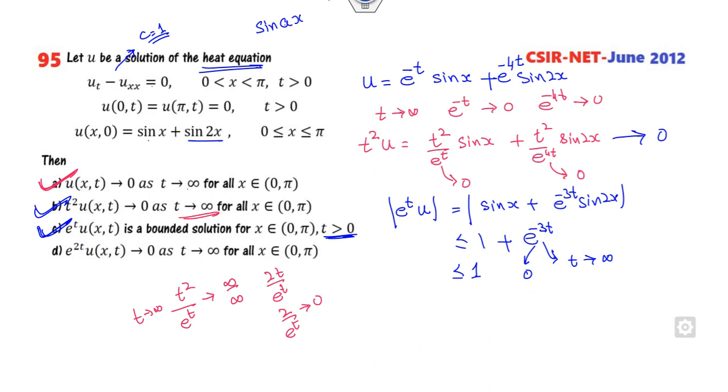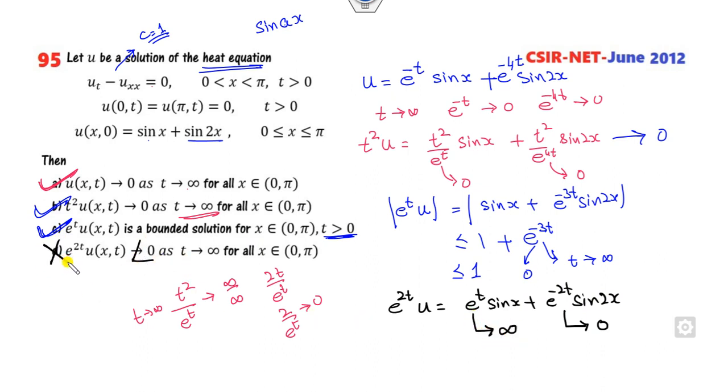Look at the last option. If you multiply by t raised to power 2 of this, the first part will be here and the second part will be here. So what is given to you? This goes to 0 as t tends to infinity, but this part goes to infinity, so this can never go to 0. So the right answers are A, B and C.